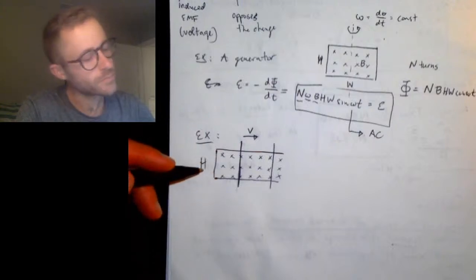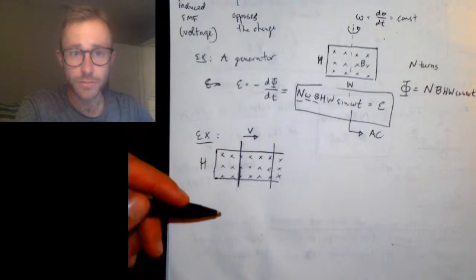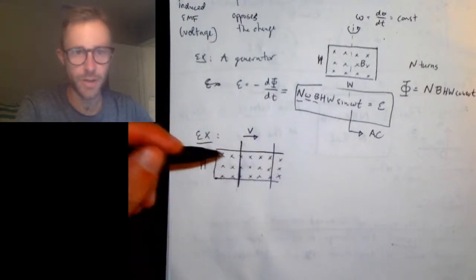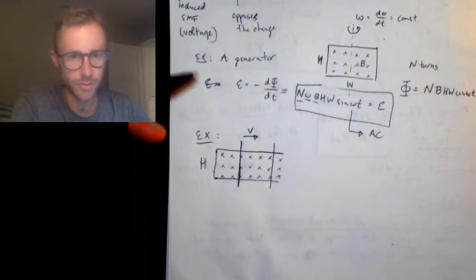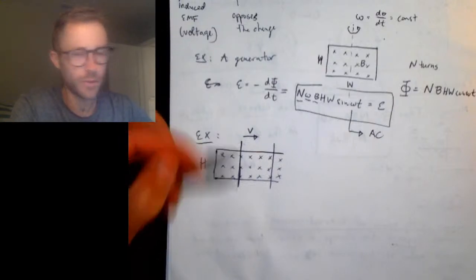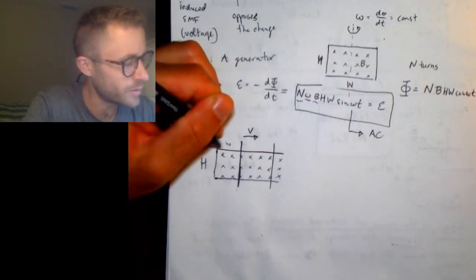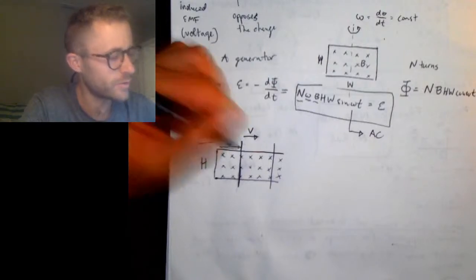So let's write an expression for the flux. And this is only one turn. You can imagine this wouldn't work with more than one turn, because you have this bar that's sliding. So let's just say that this width is W, whatever that distance is.